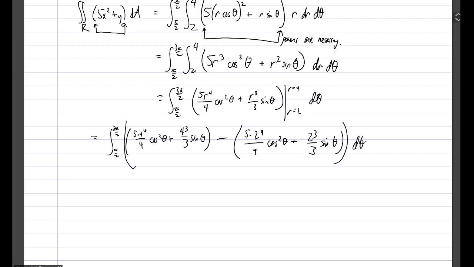At this point there are a lot more technical steps to do, but I'm going to leave it at the following. The integral from pi over 2 to 3 pi over 2 of 5 times 4 to the third, and cosine squared theta can, using a trig identity, be rewritten as (1 plus cosine of 2 theta) over 2.